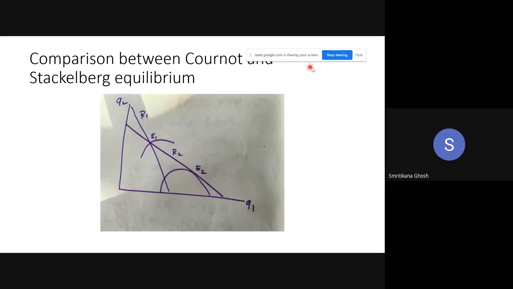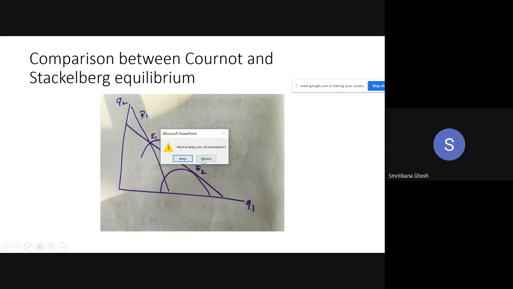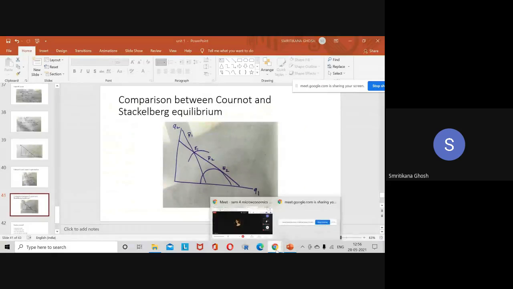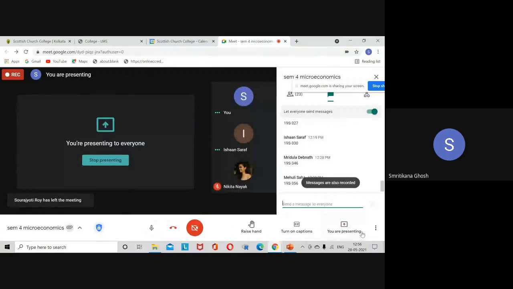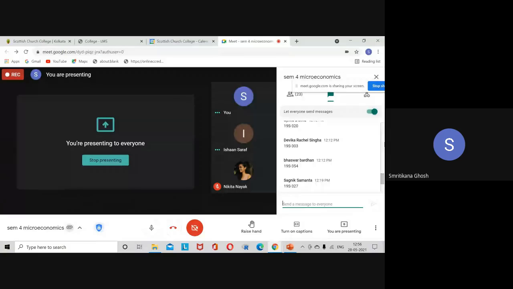Tell me up to this point if you have any query. If you don't have any problem up to this point, I want to discuss the next model.